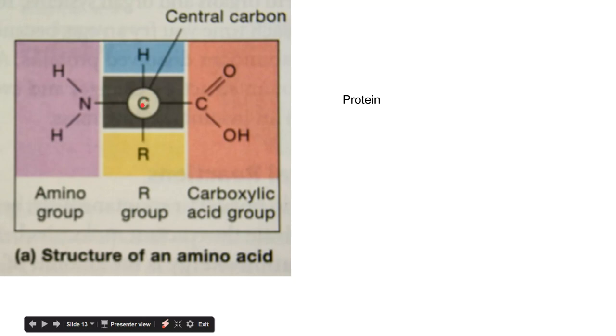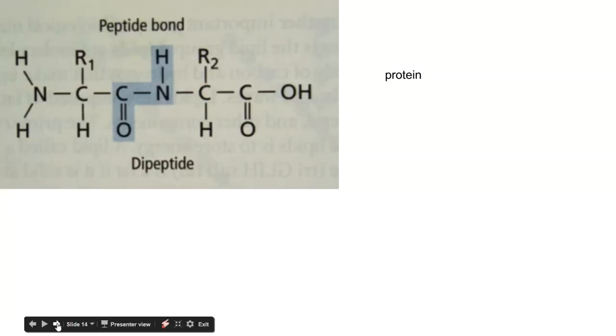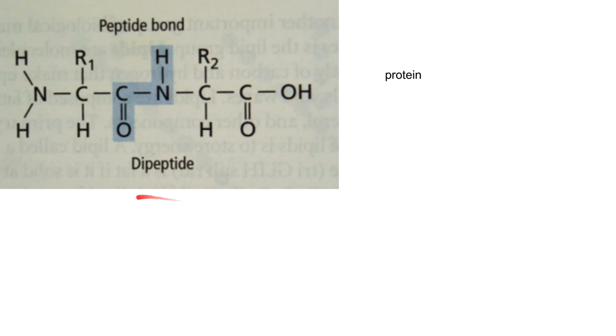Again, a central carbon, this variable R group, the amino group, this is where the nitrogen exists, NH2, and then you also have this carboxylic acid group. We use this to really pinpoint it: a central carbon in the amino acid, a variable group, and our NH2. Again, a protein is a complex combination of amino acids.